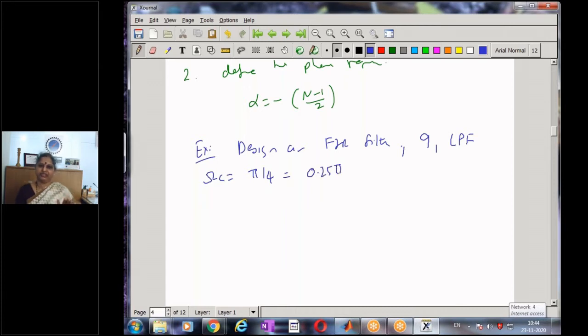So my specifications are very similar. Design an FIR filter of length 9, which is a low pass filter with the cutoff of pi by 4, using the frequency sampling method, and then later on we will see how to implement it using the frequency sampling structure.